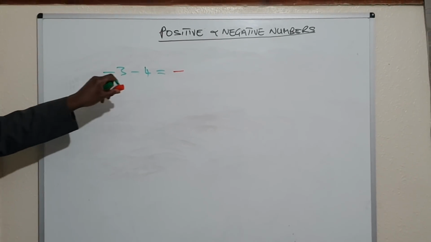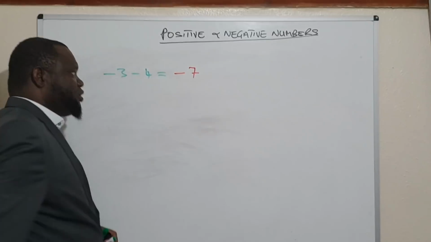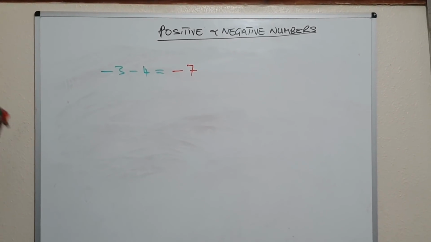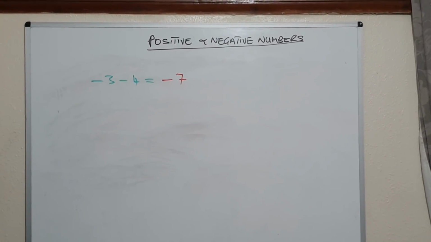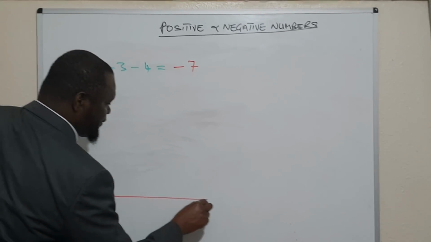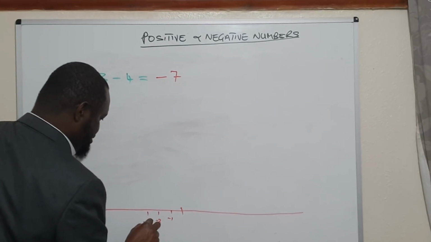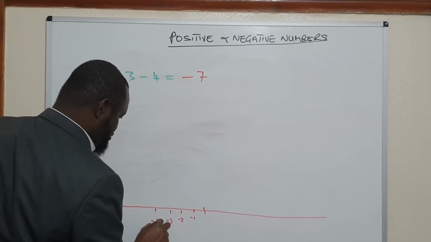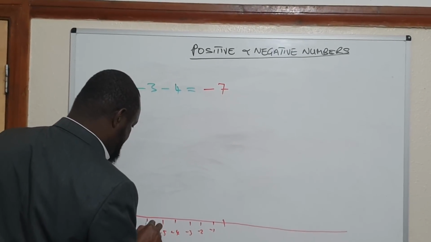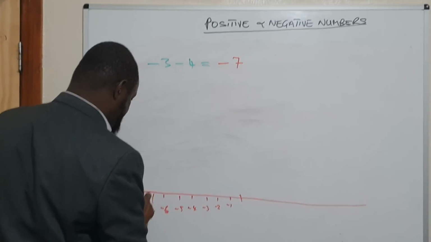Then you add the two of them. 3 plus 4 is 7. So minus and minus, the answer will always be in minus. Now, we are going to use a number line to answer a question like this. Minus 1, minus 2, minus 3, minus 4, minus 5, minus 6, minus 7, minus 8.